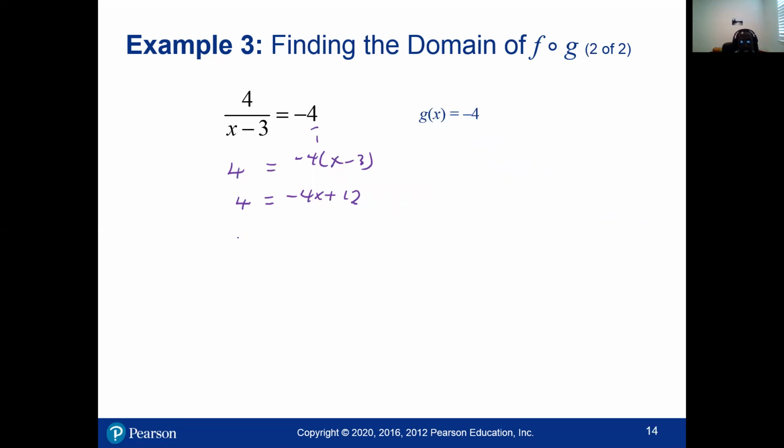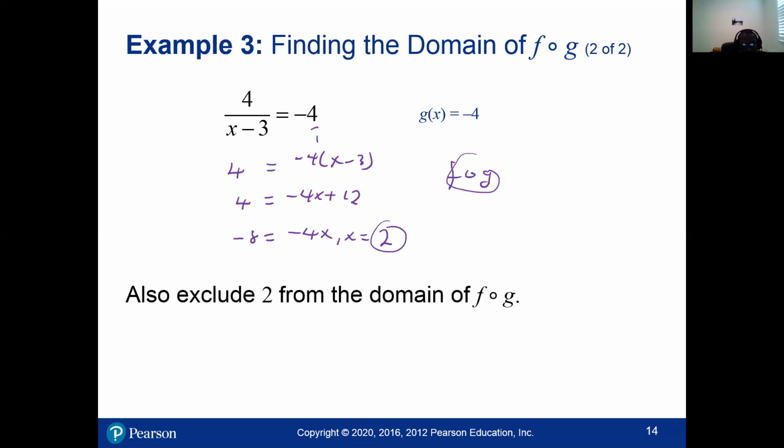Then you get negative 8 equals minus 4x, so x is equal to 2. So the composite function f of g will exclude the value 2 as well. Exclude 2 from the domain of f of g, and therefore the domain of f of g is equal to that.